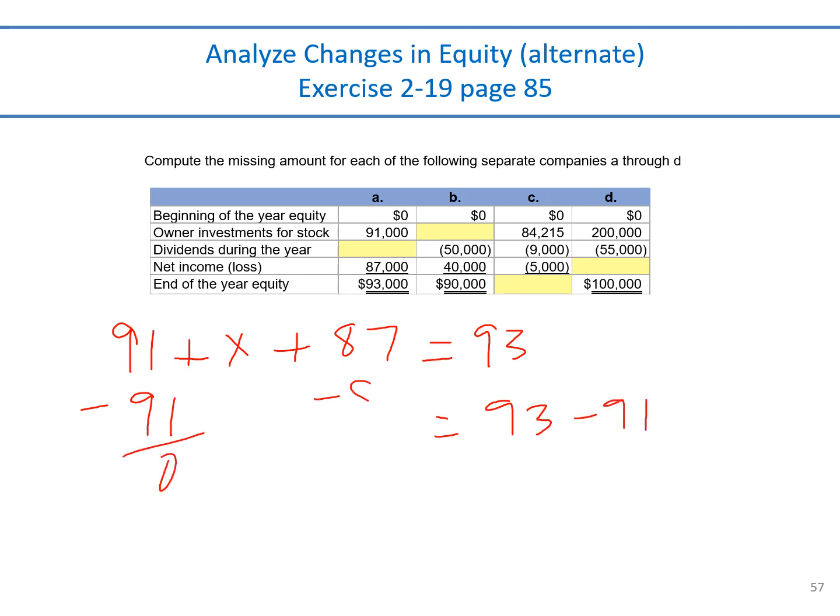If I subtract 87 from both sides, that makes that 0. And so then I'm left with X equal to 93 minus 91 minus 87, or negative 85,000. So they paid dividends during the year of $85,000.